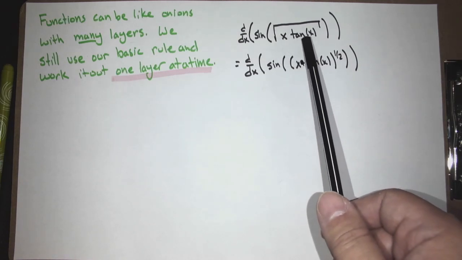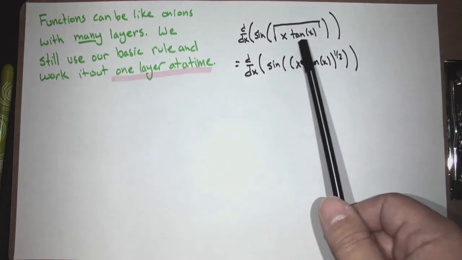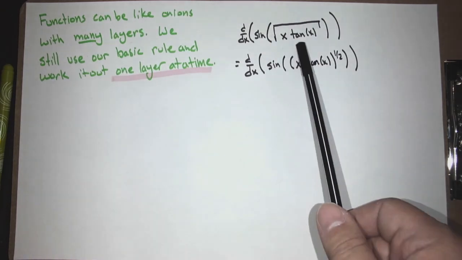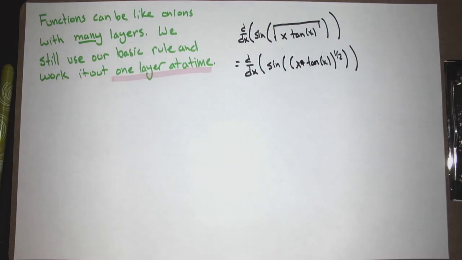What's the next layer? The next layer will be the square root, and then it's the sine. So work from the outside in, from the outermost layer of your onion to the innermost layer. Our outermost layer has what? Sine.